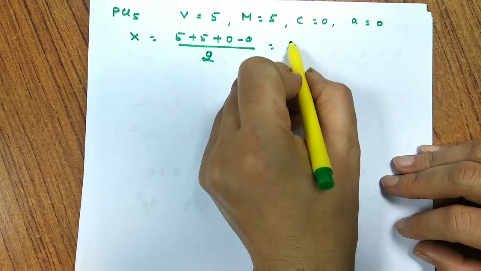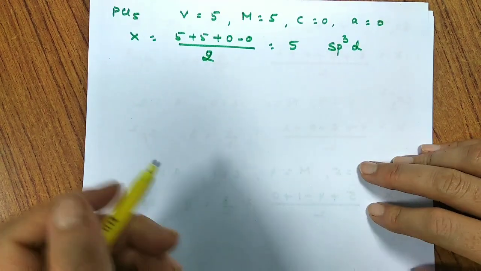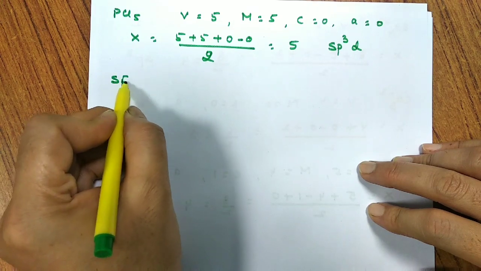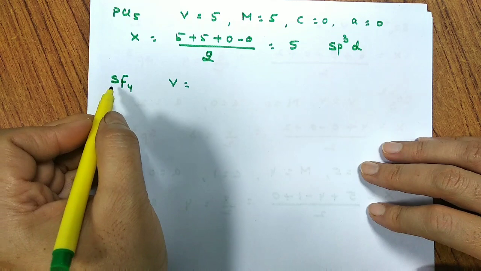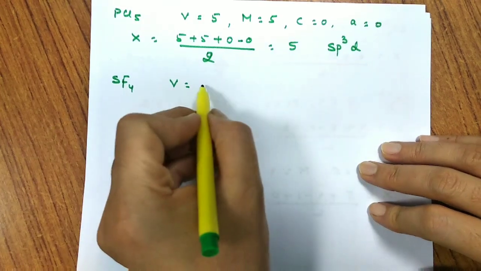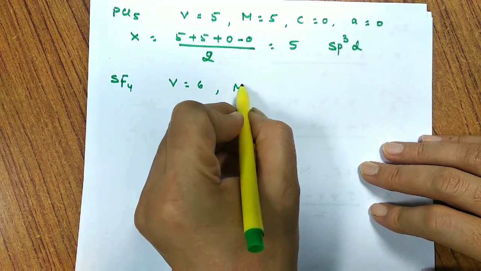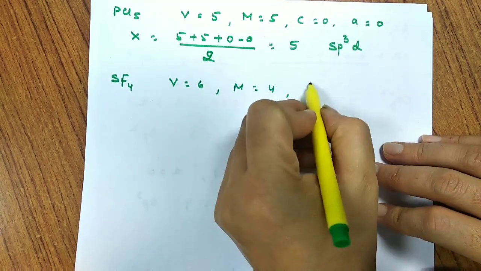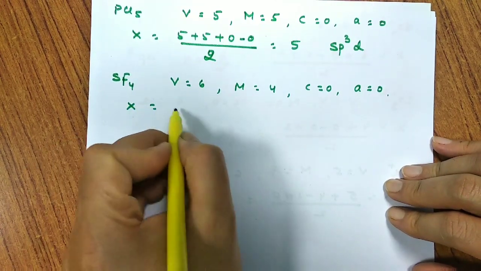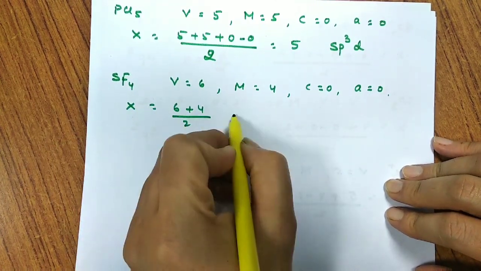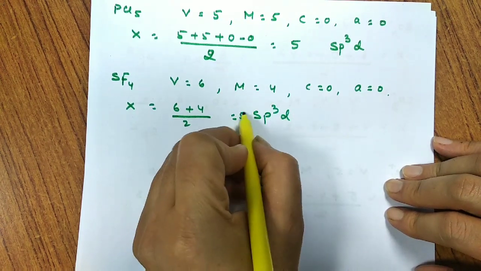That comes out to be 5, and thus the hybrid state would be sp3d. SF4. Sulfur belongs to the oxygen group, that means group 16. So valence electrons would be 6, M 4, C 0, A 0, and X comes out to be 6 plus 4 divided by 2, sp3d, that means 5.